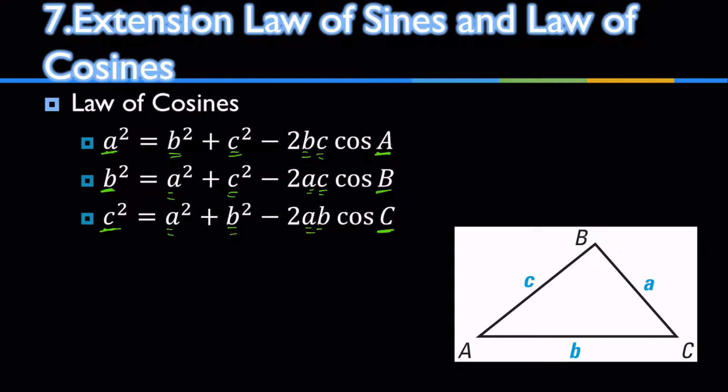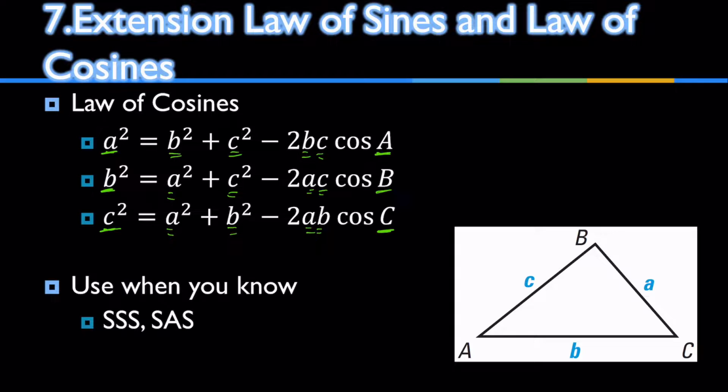We can use the law of cosines to solve a triangle when you can't use the law of sines, like when you know all 3 sides, or if you know 2 sides and the included angle.